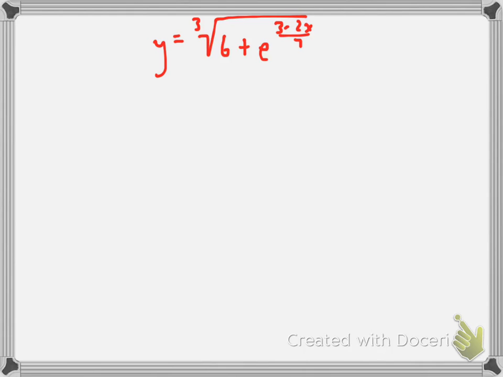So in order to get rid of this cube root, we need to cube both sides. And so when we cube both sides, what's going to happen is that this is just going to cancel out, and you're going to be left with 6 plus e to the 3 minus 2x over 7.